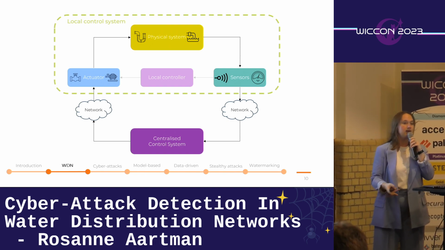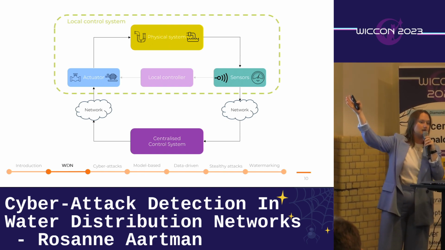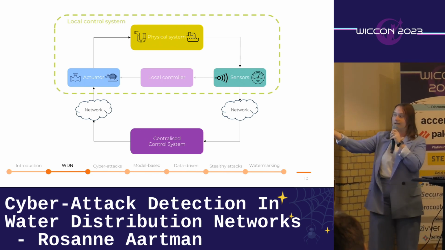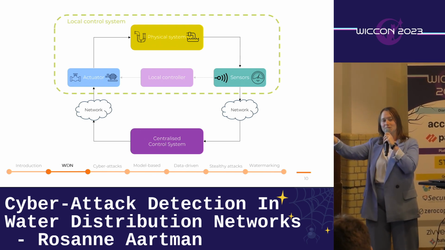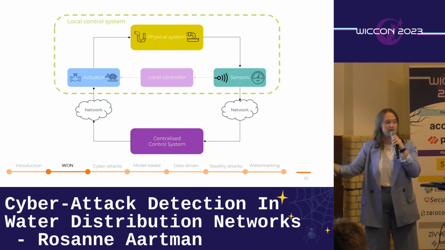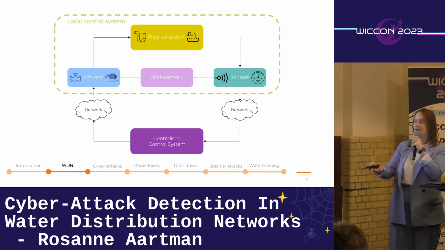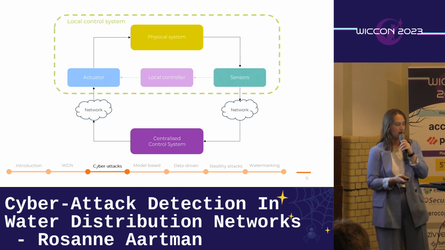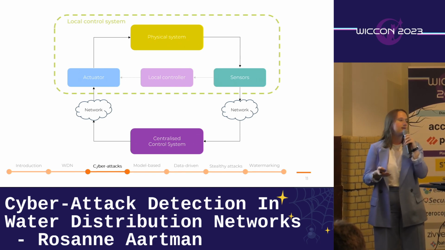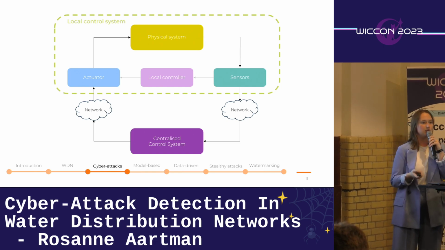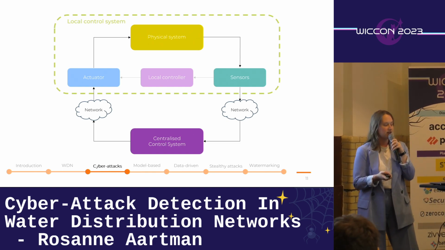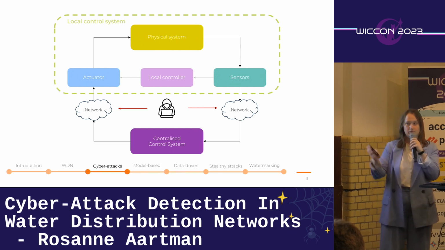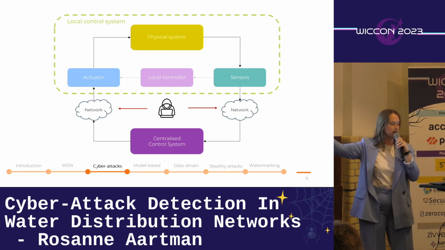So, for example, the local control system is located in Amsterdam, and the centralized control system could be located in Rotterdam. Therefore, the communication has to go via a network. Now, what makes a distributed control system so vulnerable to cyber attacks? It is the point of the network.